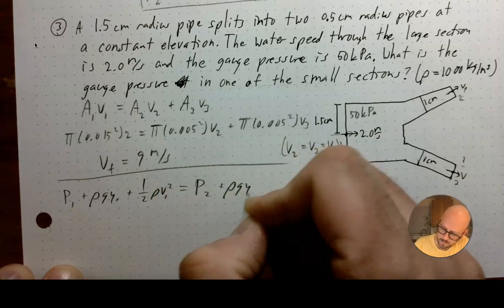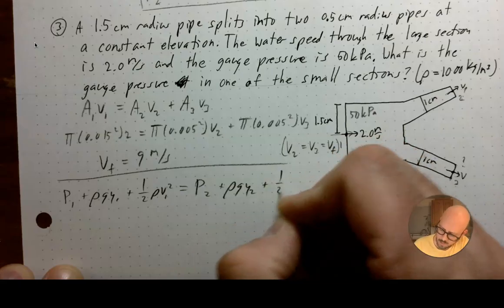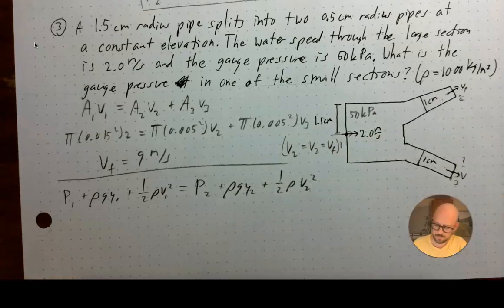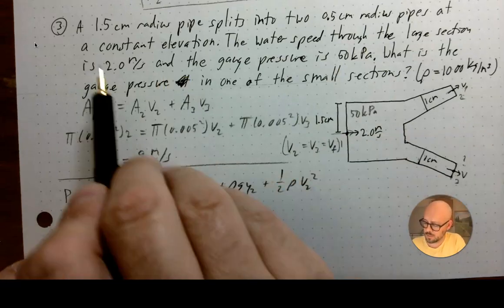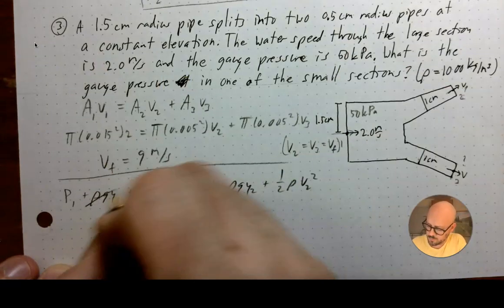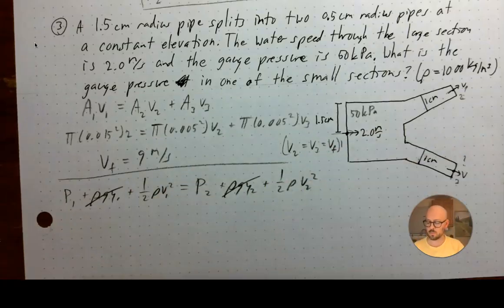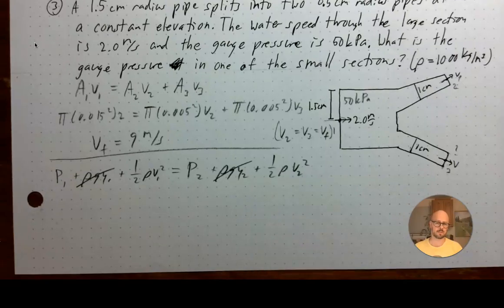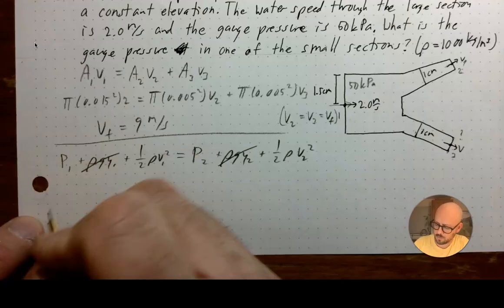So P2 plus 1/2 rho V2 squared. Okay, so in the problem it says that everything is at constant elevation. So I am going to cancel rho g y1 and rho g y2 because they have to be the same because they're at a constant elevation. And now I can plug in my variables.